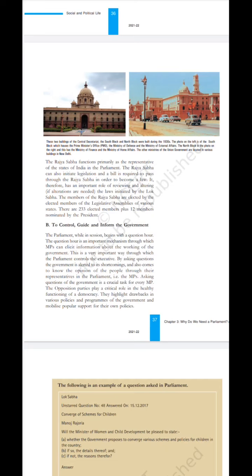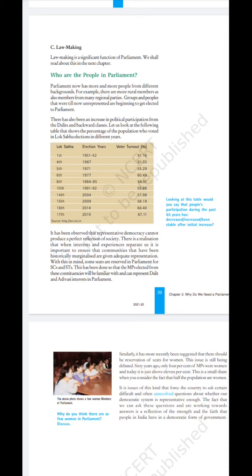Eighth, 1984 to 85, 64.01. 10th, 1991 to 92, 55.88. 14th, 2004, 57.98. 15th, 2009, 58.19. 16th, 2014, 66.40. Looking at this table, would you say that people's participation during the past 65 years has decreased, increased, or been stable?